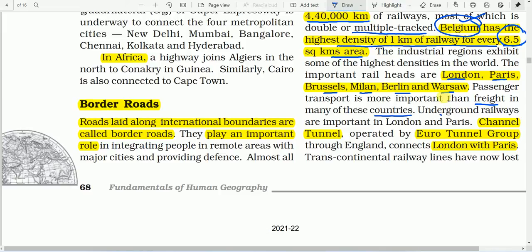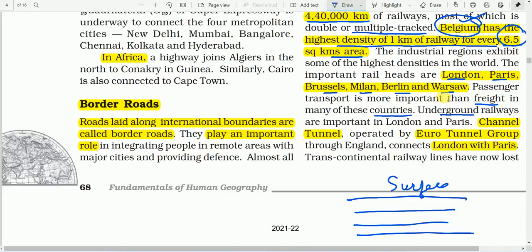Underground railways are the ones constructed underground. See here, this is the surface, and by constructing a tunnel, these railways can be constructed inside a tunnel, and that is known as underground railways. These are very important in London and Paris.